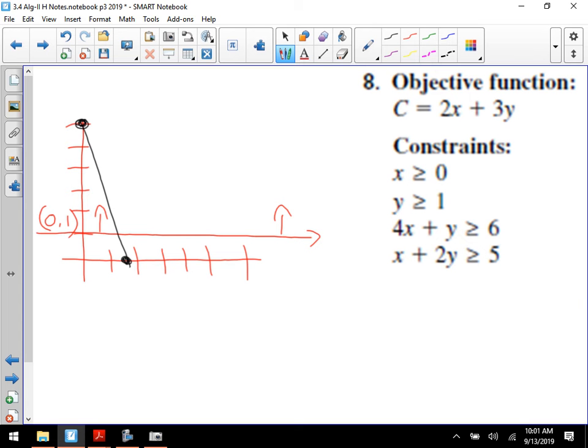Did it go through the origin? No. What's 4 times 0? What's 0 plus 0? Is 0 bigger than 6? No, so it's moving out. Okay? So it's out this way.